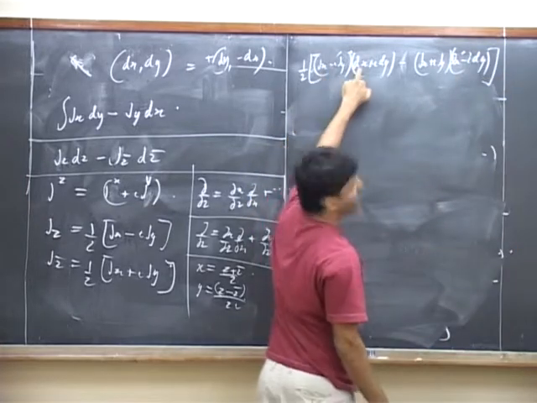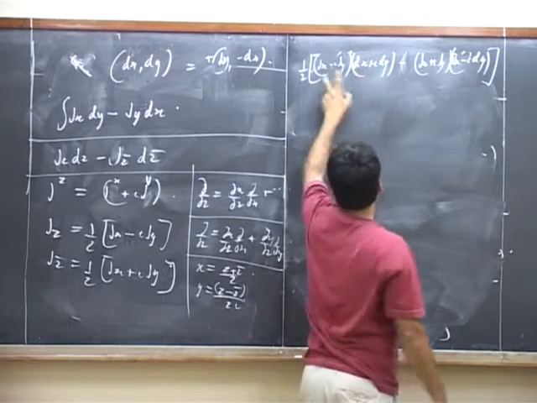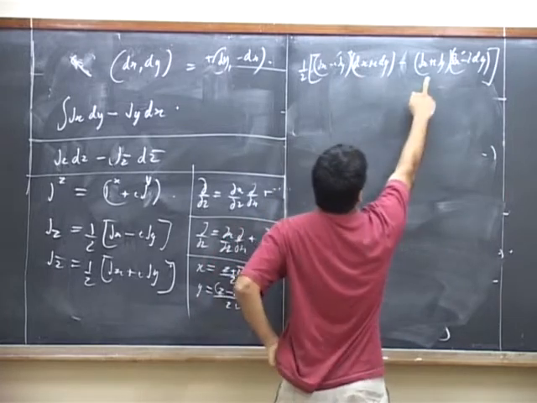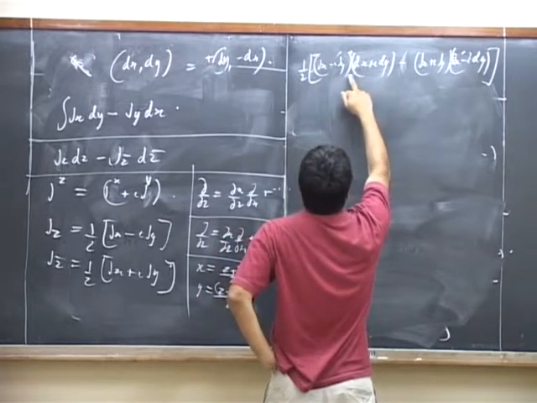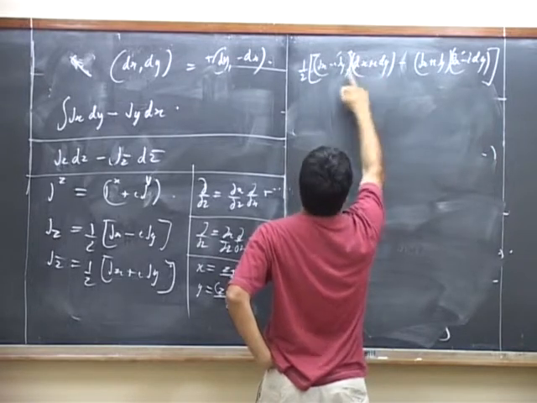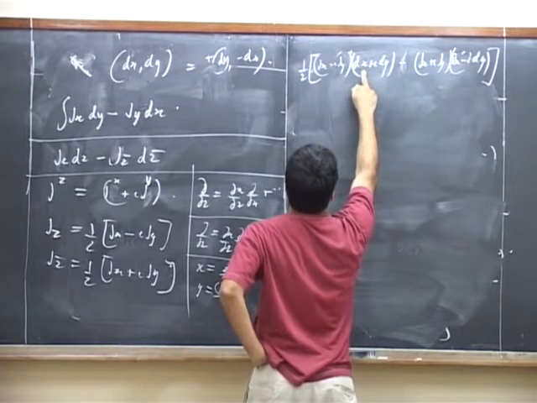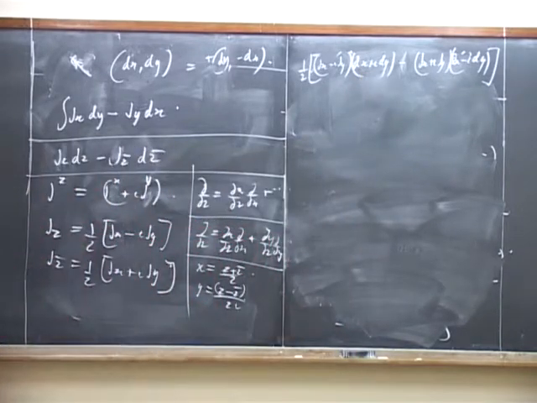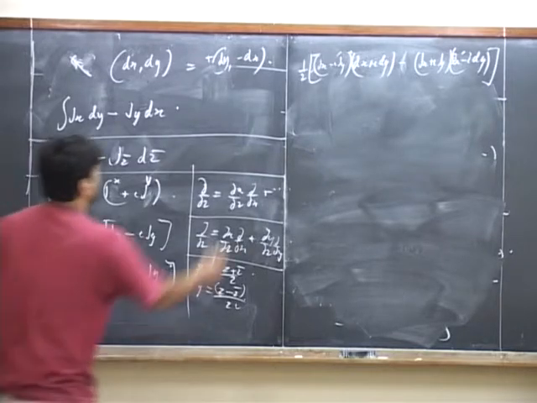Now you can see that the jx dx terms cancel. The jy dy terms cancel. What remains is the jx dy and jy dx terms. And I've got a factor of i, right? Yeah, good. So let's work it out.